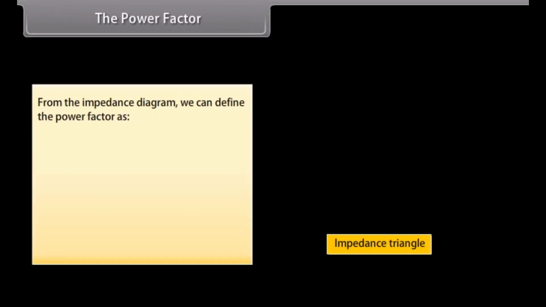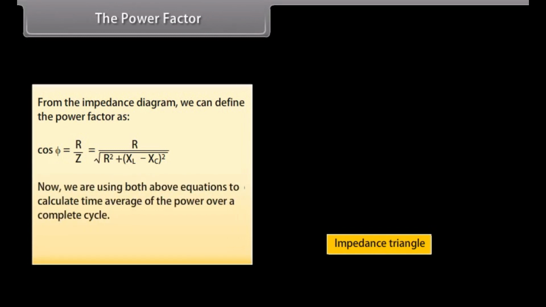From the impedance diagram, we can define the power factor as cos phi equal to R upon Z, which is equal to R upon under root R square plus XL minus XC whole square. Now, we are using both above equations to calculate time average of the power over the complete cycle. P bar is equal to product of Irms square and R.